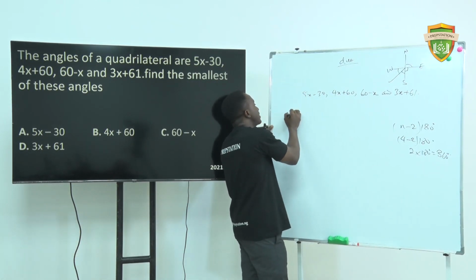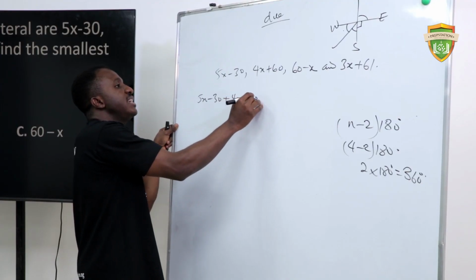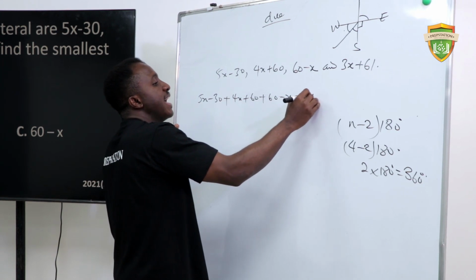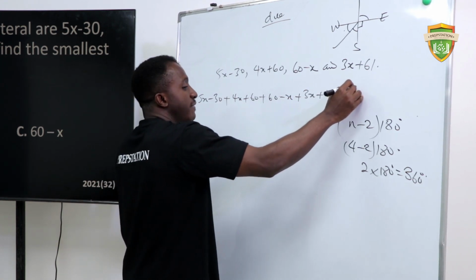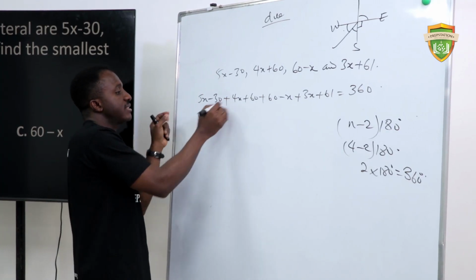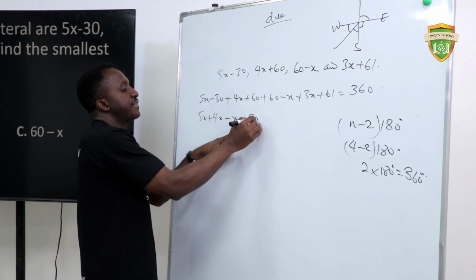So we add up all this. 5x minus 30 plus 4x plus 60 plus 60 minus x plus 3x plus 61 should give us 360 degrees. So let's collect like terms. 5x, I have 4x, I have minus x, I have 3x.